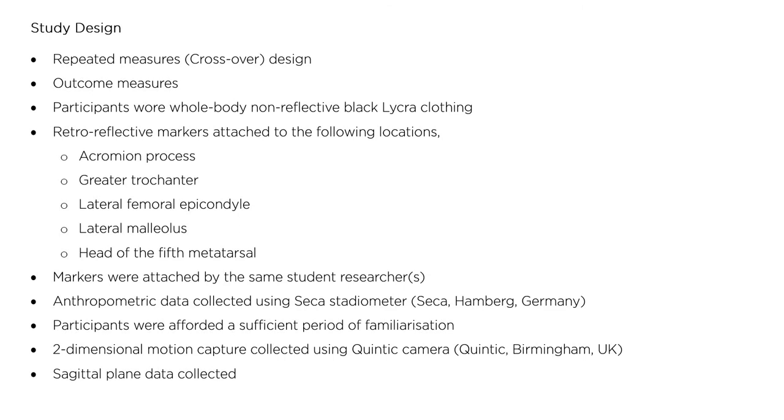Again, you don't need to go into immense detail here, but the thing to remember when writing up a methodology is, is there enough information in here for someone else who isn't familiar with my study to read this and replicate it perfectly? They will be in a different lab to you, obviously, so you don't need to say things like, oh, they stood on the east plate or the west plate, because that's not going to mean anything to anyone else. But you need to write it with that in mind.